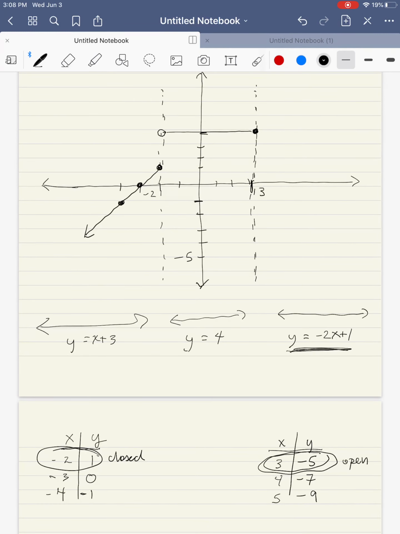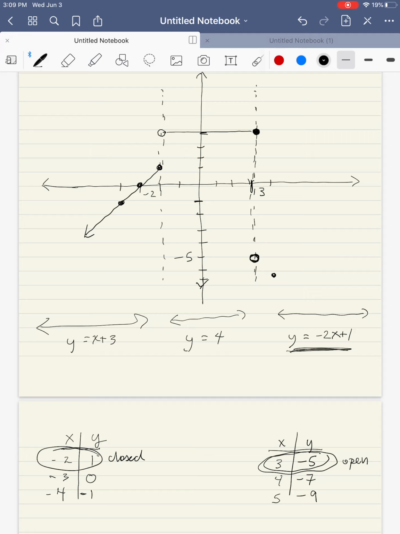And so I can plot those 3 ordered pairs. And notice the 3, negative 5 right here is an open circle, because when x equals 3, y is 4. That point already exists up there. And then 4, negative 7 right here.